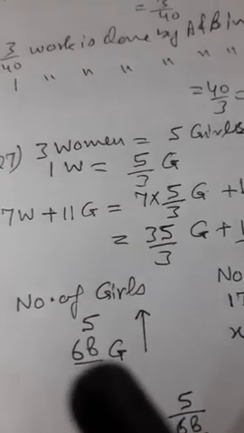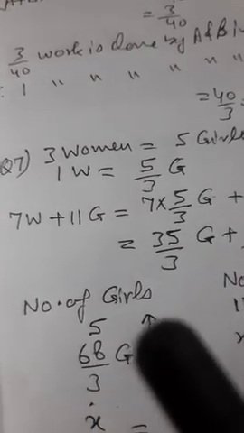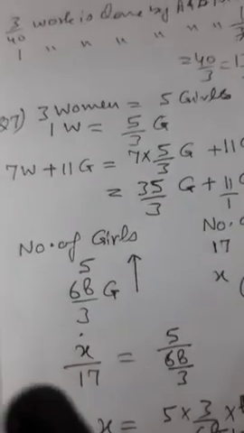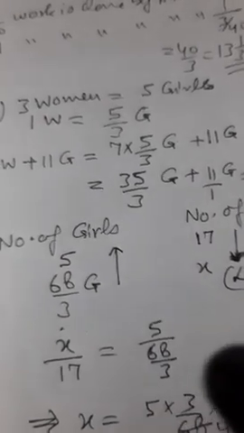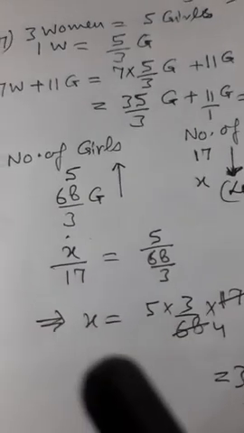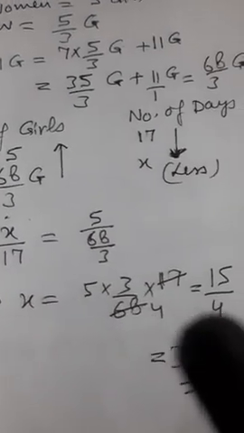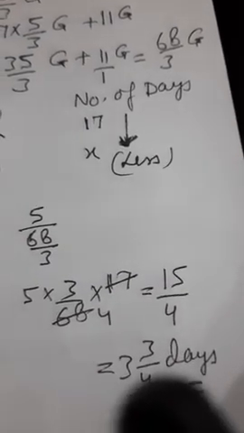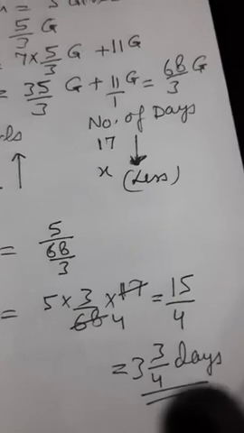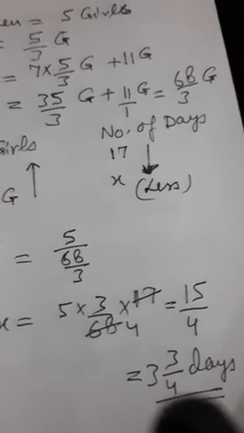So here also the arrow should point towards less, that is towards 5. So write head upon tail this side and head upon tail this side, and when we simplify this, we get the value of x as 15 upon 4, that is 3 whole number 3 upon 4 days. That is the final answer.